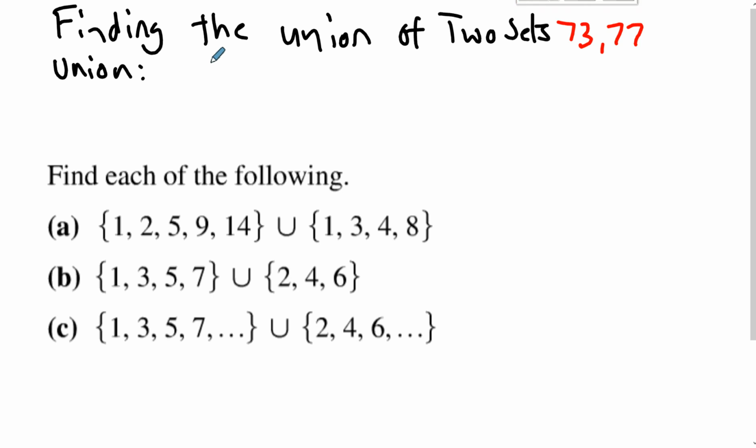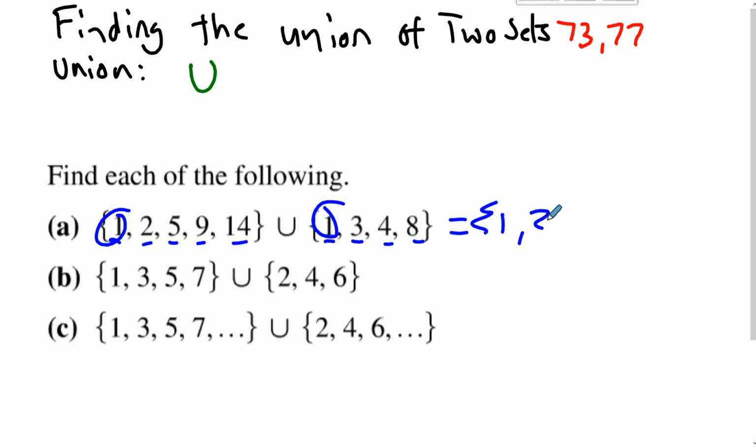Union, with a U, is just whatever's in the first set, second set, or both. As long as it's in one of them, then it's in the union. So all these and all these. What this equals is all of them, but you don't write repeats twice. Like 1 is repeated, so you only list it once.